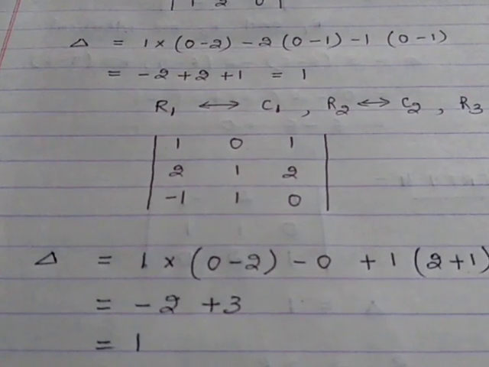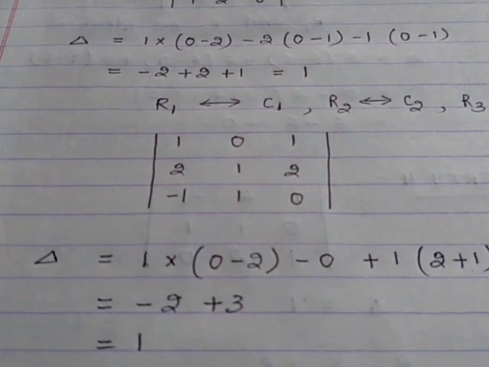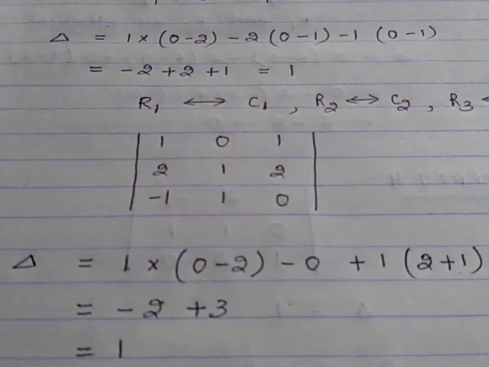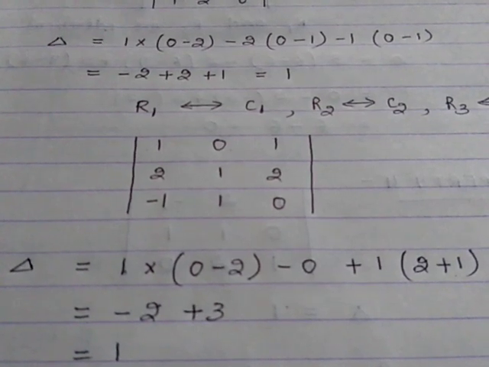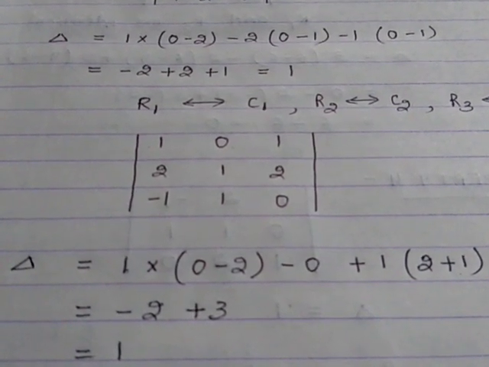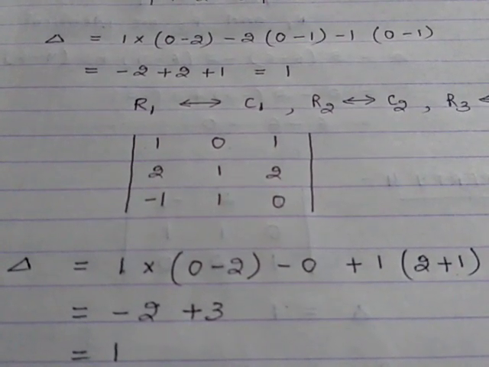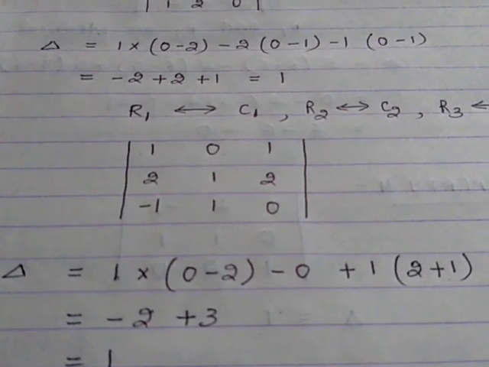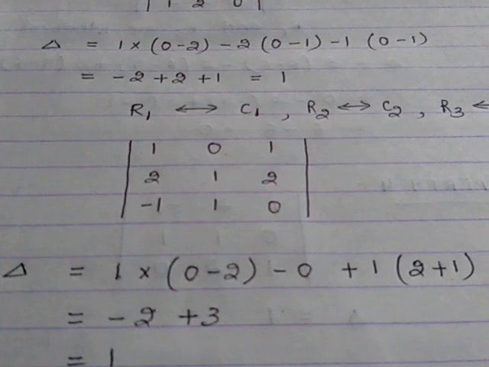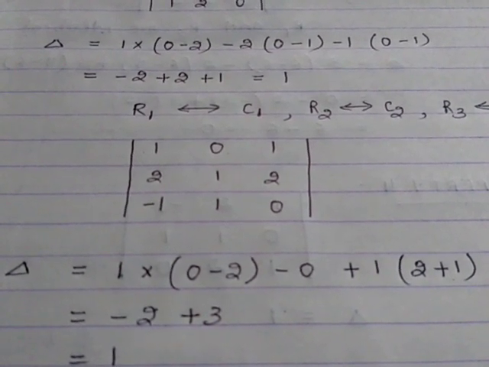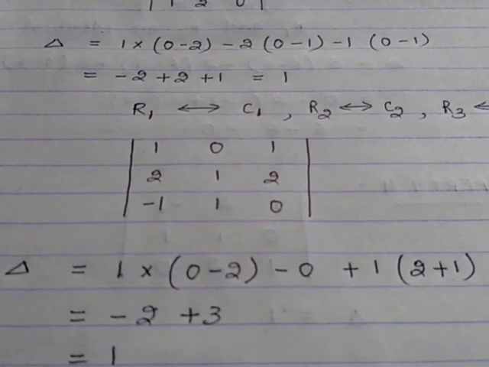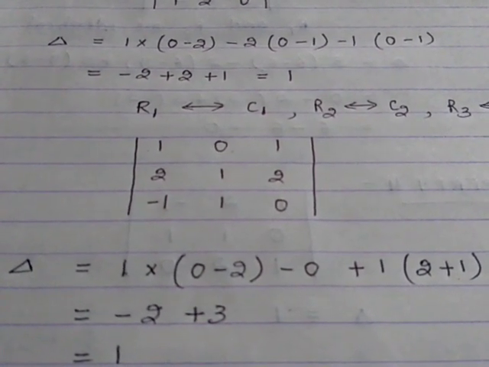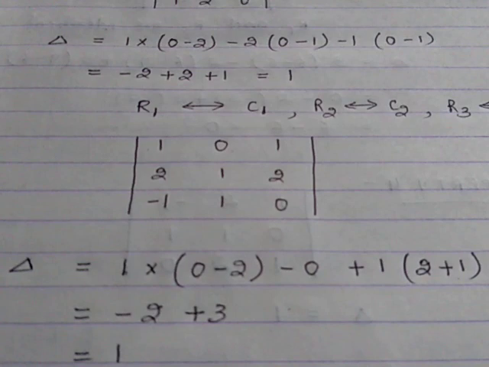Now come to property number 2, which is on page 110. It states that if any two rows or columns of a determinant are interchanged, then the sign of the determinant changes.